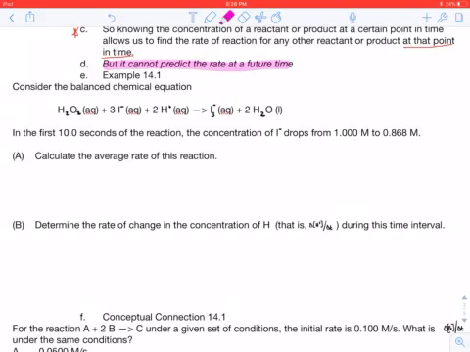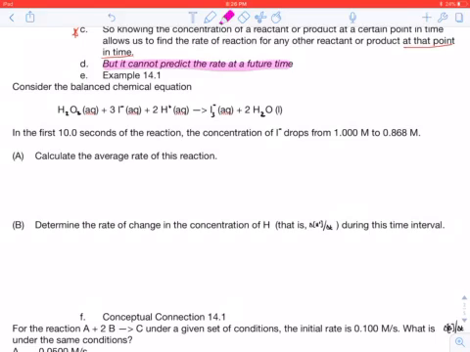So we have hydrogen peroxide plus 3I minus plus 2H plus gives us I3 minus and 2 H2O. In the first 10 seconds of the reaction, the concentration of I minus drops from 1 molar to 0.868 molar. Our first step is to calculate the average rate of this reaction.